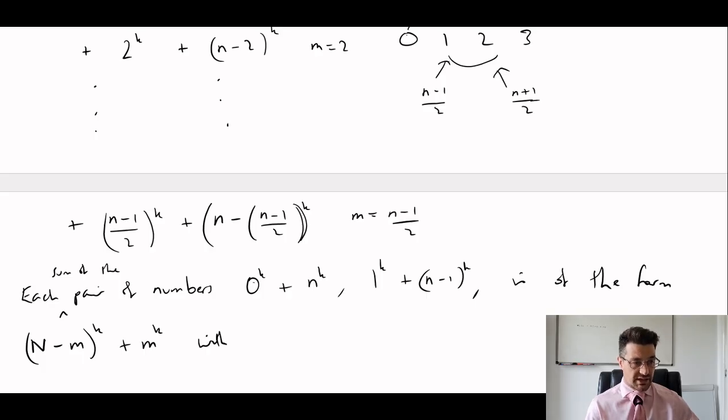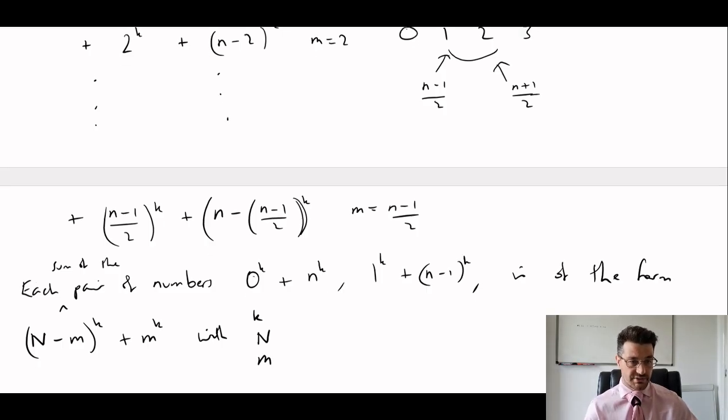I'm not going to write it all out, so k is a positive odd integer, n is a positive integer, and m is a non-negative integer.